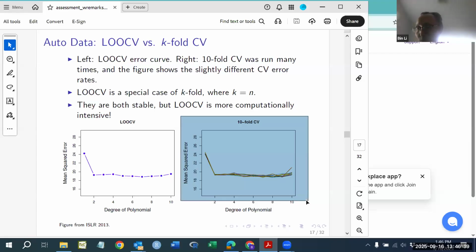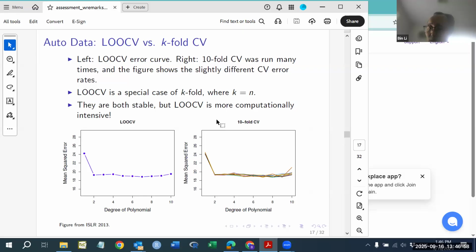It's much stabler compared to the previous one, and it has about the same trend as the leave one out. And if the model is not a linear fitting model, it is computationally efficient compared to the leave one out.